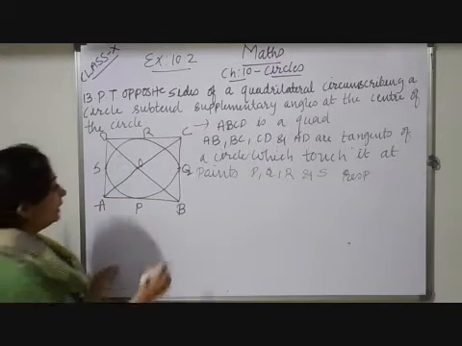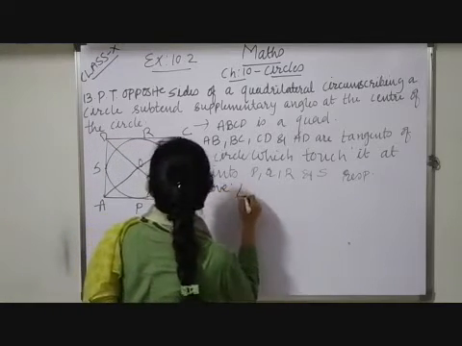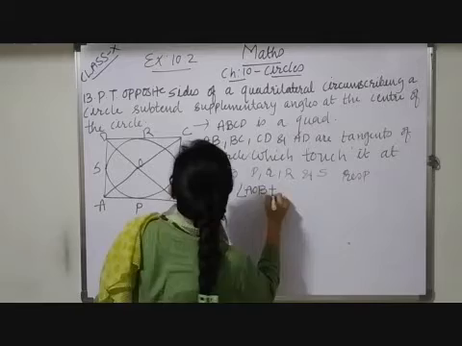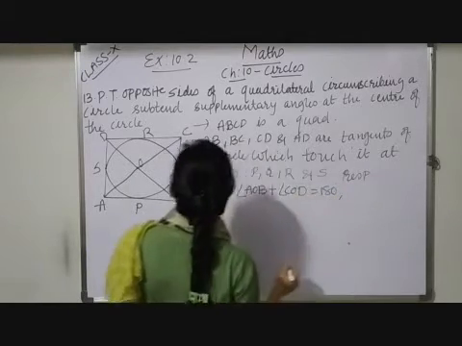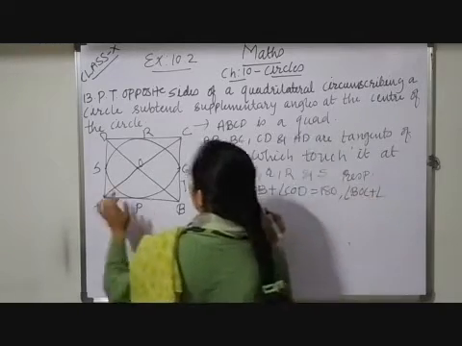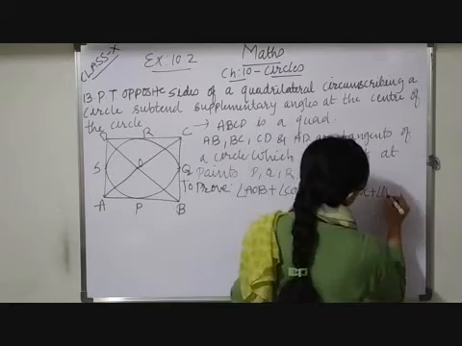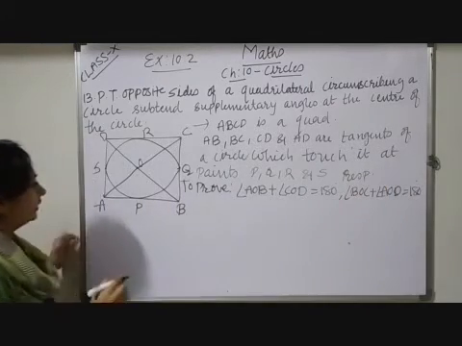So here I have to prove both of these angle pairs are 180 degrees. So here I am writing, to prove: angle AOB plus angle COD is equal to 180 degrees, and also angle BOC plus angle AOD is also 180 degrees. Now, proof.